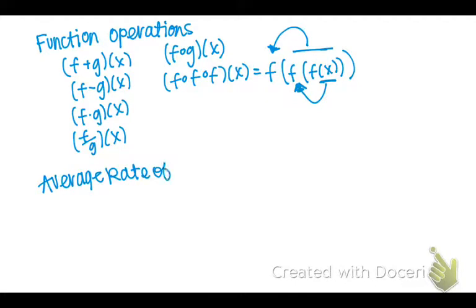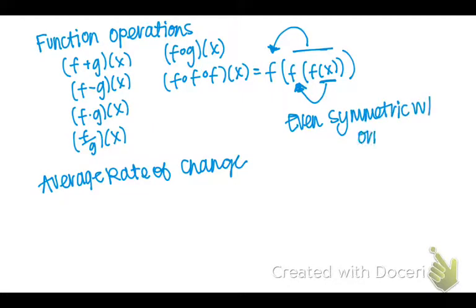So a lot of like the last unit or the last section. Average rate of change, even and odd. So remember that even is symmetric with the y-axis. Odd is symmetric with the origin.